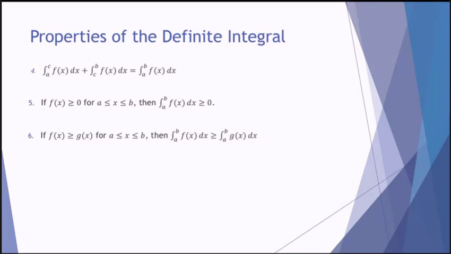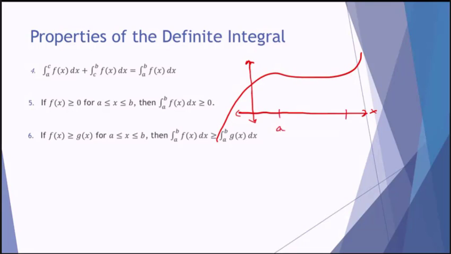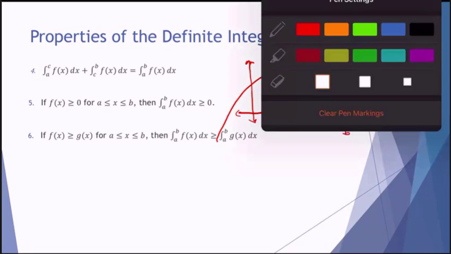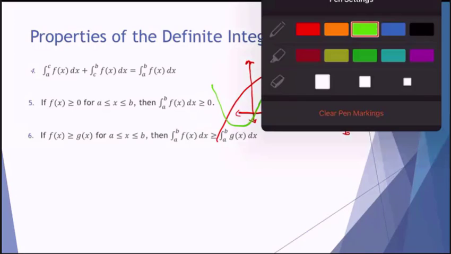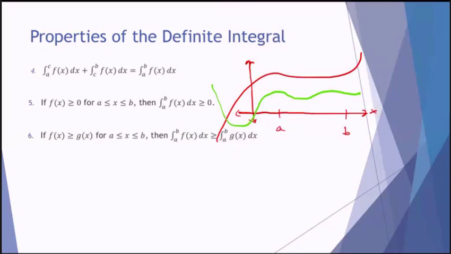Again, a picture's worth 1,000 words. If you are graphing and you've got f of x as a function greater than or equal to g of x on the interval from a to b. So let me switch colors. Let's say g of x is here, okay? And we are saying that from a to b, f of x is always larger.